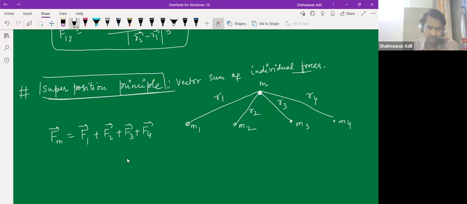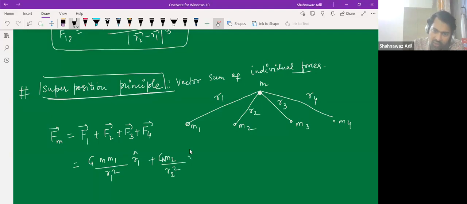So F is how much? F is G M M1 divided by R1 square, R1 hat, plus G M M2 divided by R2 square, R2 hat, plus G M M3 divided by R3 square, R3 hat, plus G M M4 divided by R4 square, R4 hat.